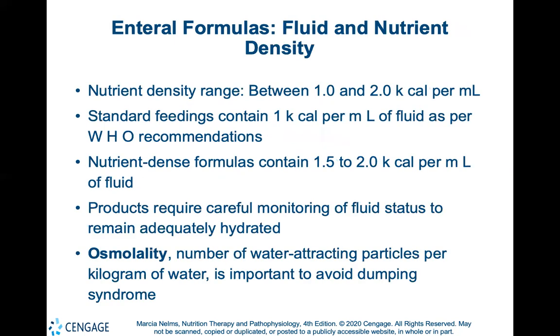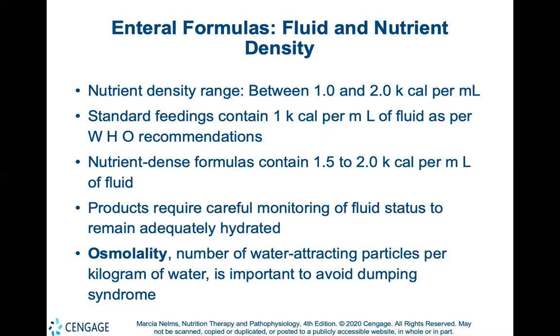Many patients, particularly those with impaired renal, cardiac, or pulmonary function, are unable to tolerate large volumes of fluid. Therefore, nutrient density is of concern in product selection. The nutrient density of an enteral formula is measured in kilocalories per milliliter and usually ranges from 1.0 to 2.0 kilocalories per milliliter.